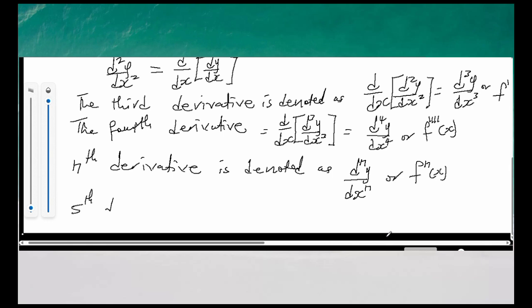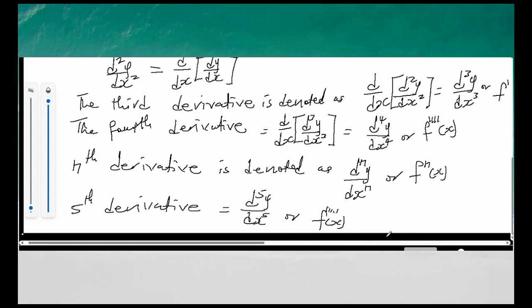Okay, so with this, easily, if I want to talk of the fifth derivative, it's going to be written as d to the power 5 of y, then dx to the power 5. Or probably, if it's a function of f with respect to x, then it's going to be how many primes? 1, 2, 3, 4, 5.